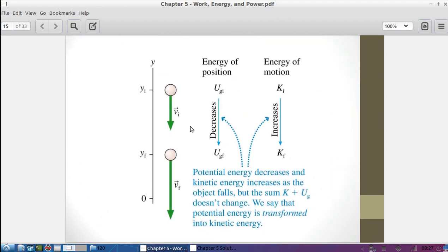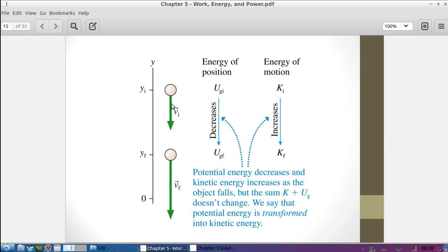So what happens here is we've got an initial potential and initial kinetic. We know the object's in free fall, so the kinetic energy is going to increase because the velocity increases. This velocity vector is smaller than this velocity vector. It's accelerating in the negative y direction.